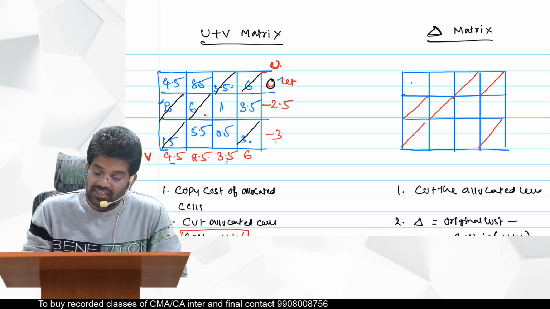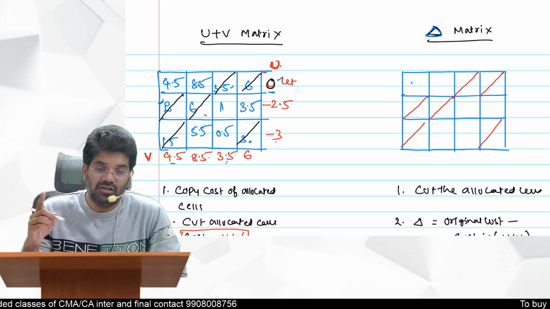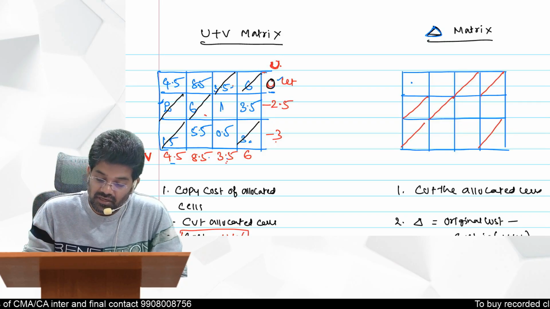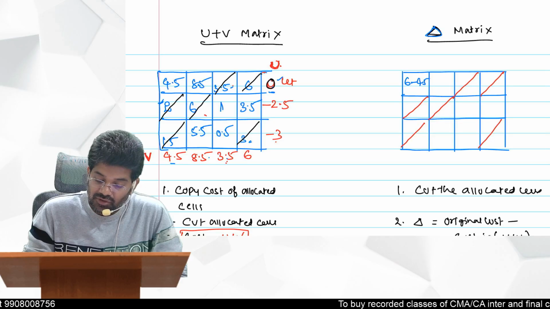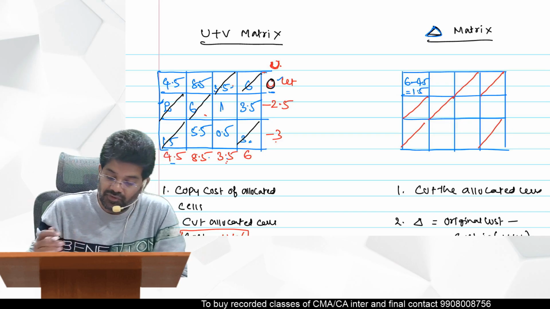Now, how do you get the changes for the unallocated cells? Original matrix cost minus the u plus v value. The original value is 6 and the u plus v value is 4.5, so you get 1.5.